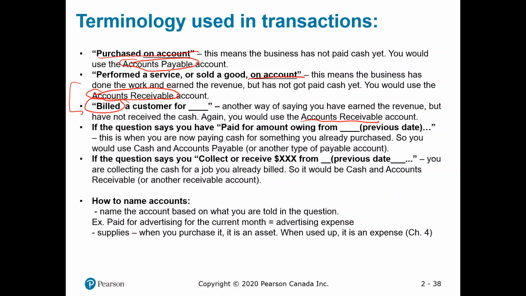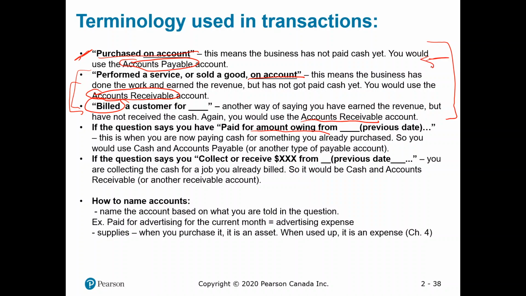Now in these first ones, we've purchased or done work on account, but eventually we're going to pay that or collect it. So you may also see where a question says you paid for an amount owing from January 10th. Well, earlier on January 10th, you would have recorded something where you purchased it on account.